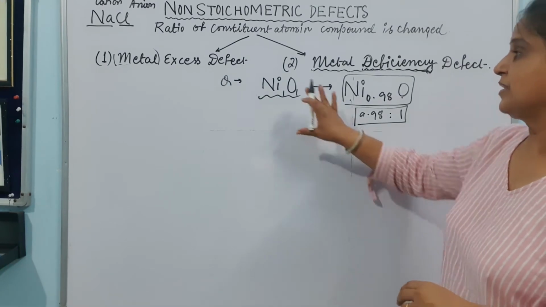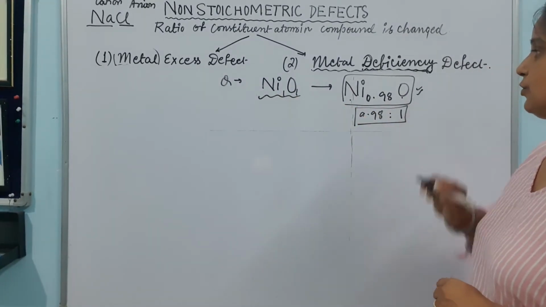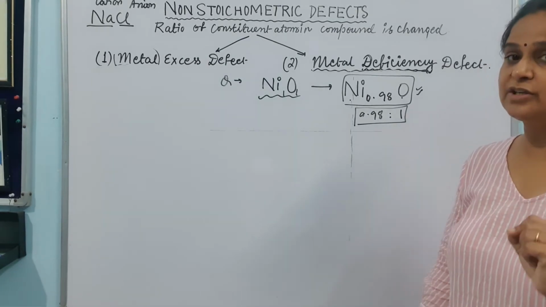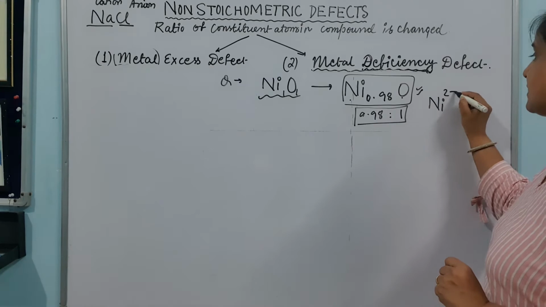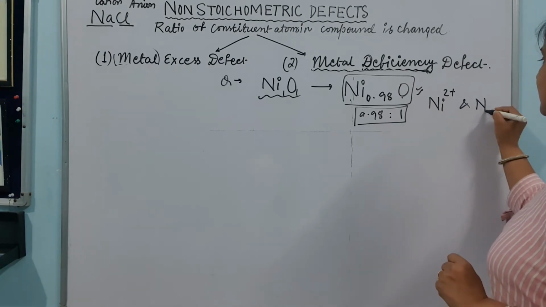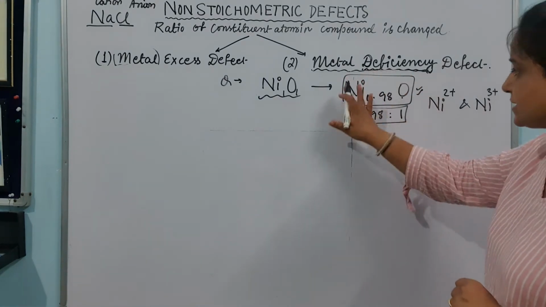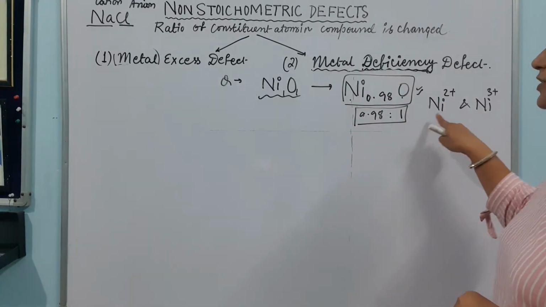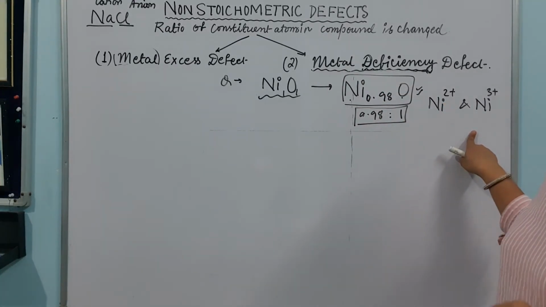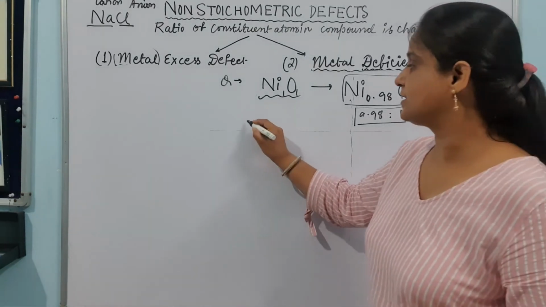The question is, if this formula is found to be Ni 0.98 O, what will be the ratio of Ni+2 ions and Ni+3 ions? So in this crystal, what will be the ratio of these two different types of ions? That you have to calculate. How are we going to calculate? Let's see.